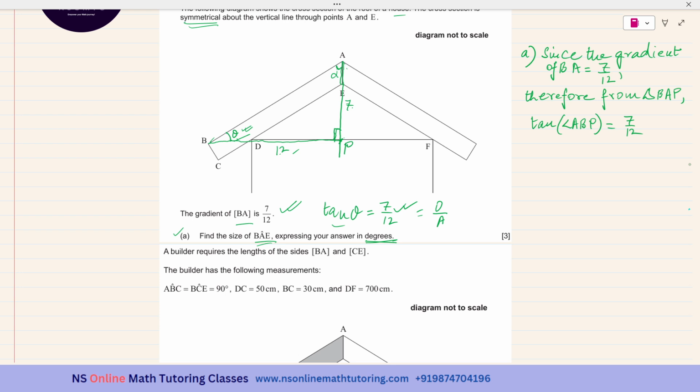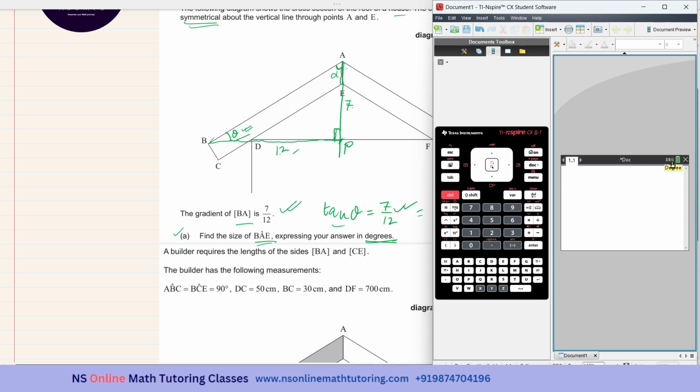Therefore, angle ABP should be equal to tan inverse of 7 over 12. Now let us use the calculator.